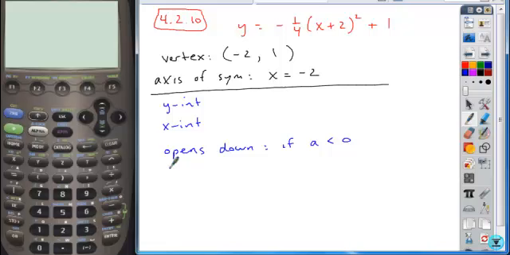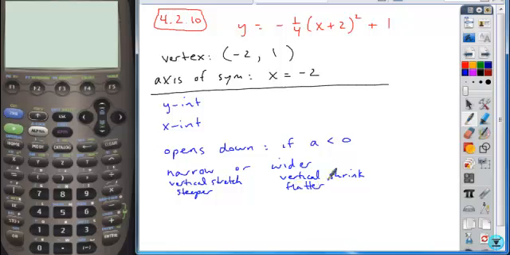You can also determine whether this is more narrow or wider than the parent graph. Narrow means it's the vertical stretch, or it's a steeper graph. Wider means it's the vertical shrink, and it would wind up being a flatter graph. The way that you determine that is whether your a value, the coefficient, has an absolute value that's a fraction smaller than 1, or a value that's greater than 1.